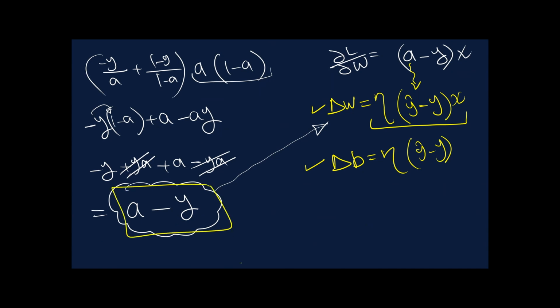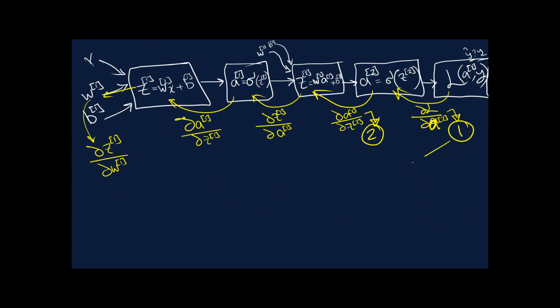So the multiplication of this will be a minus y, but the difference here is that we are at the second layer, so it will be a2 minus y. So this would be this derivative.